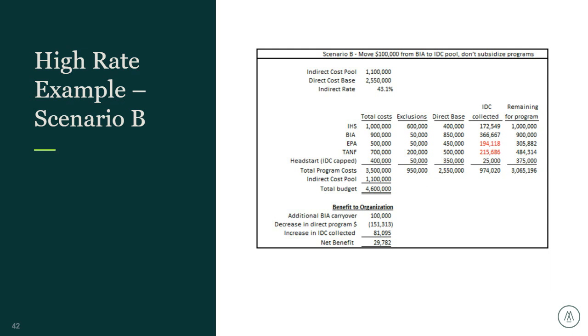However, because we will have higher indirect rates for those programs which are under 638, we will also have an increase in indirect cost collected of 81,000. Considering all of those changes, the net benefit would be approximately 30,000, which is still good. Maybe it's not that huge, but it's still beneficial to the organization to use a higher rate.